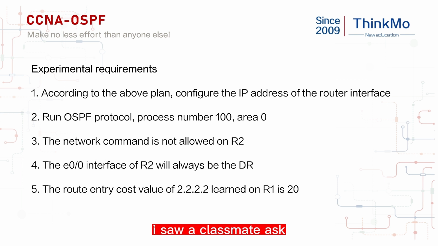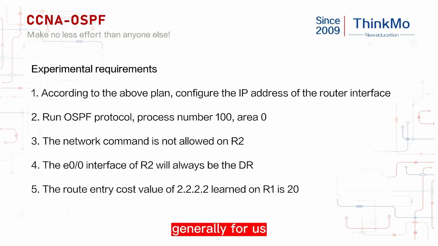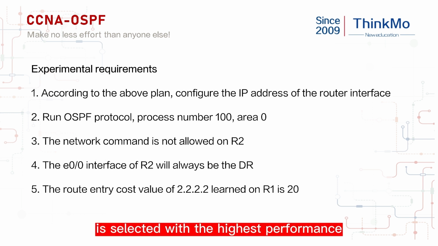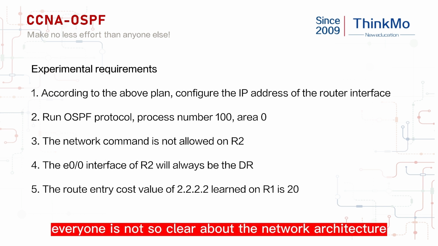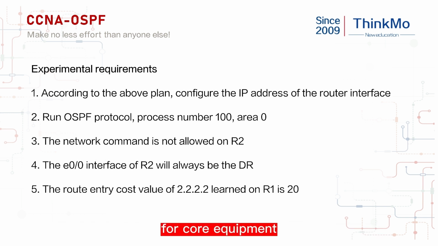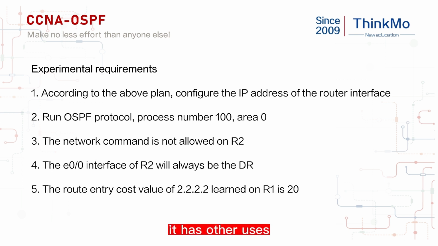I saw a classmate ask, is DR generally placed on the core layer device? Generally for us, not a core layer device. The core equipment is selected with the highest performance. But in fact, everyone is not so clear about the network architecture. For core equipment, we run OSPF there. In fact, it is not to set up this kind of OSPF scene. It has other uses.